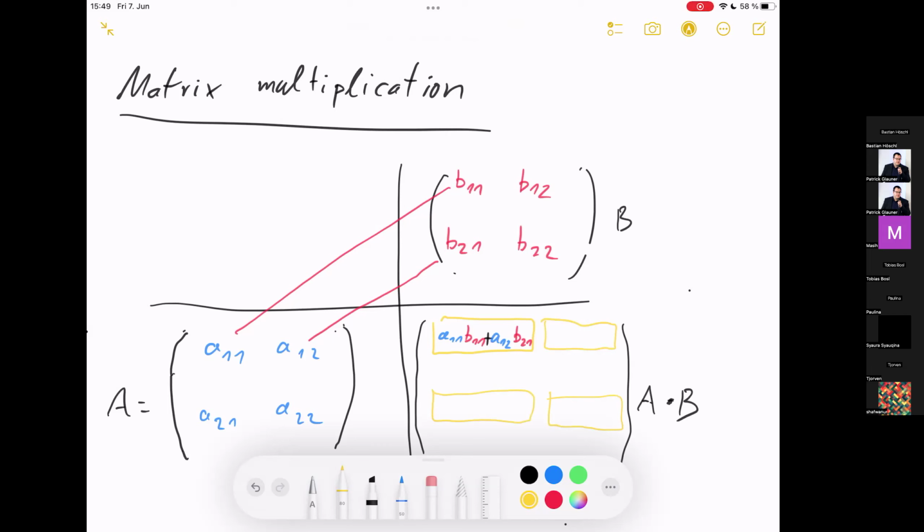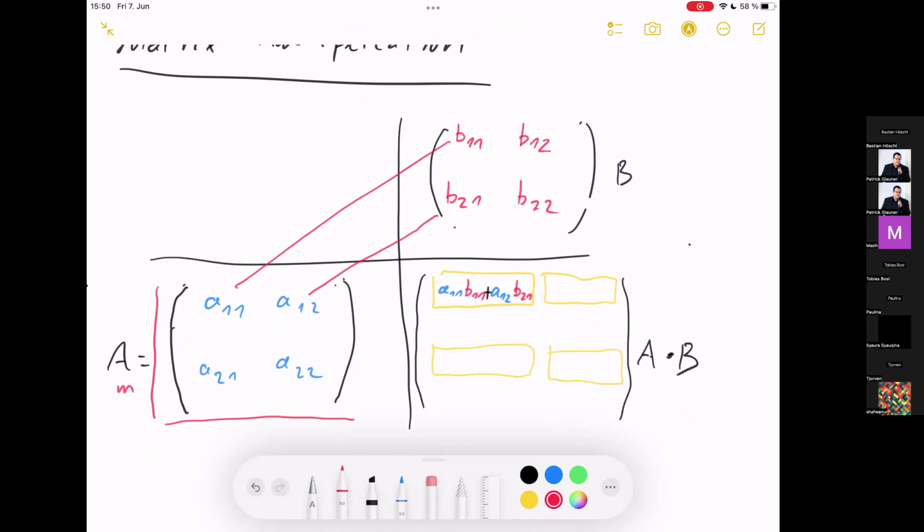Concretely, we can say that A is a matrix that has M many rows, P many columns, and we can only multiply this with B if B has P many rows, and then B can have N many columns.